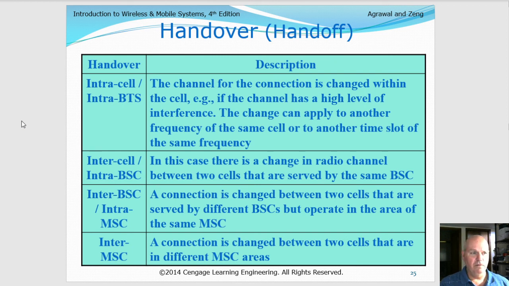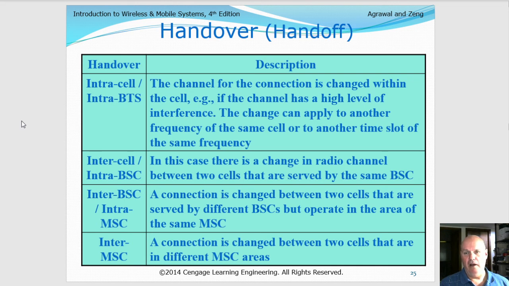Another type of handoff that you could have is just between two cells that are in the same cluster. This handoff would typically happen for a mobile user as they're moving between cells that are served by the same base station controller.